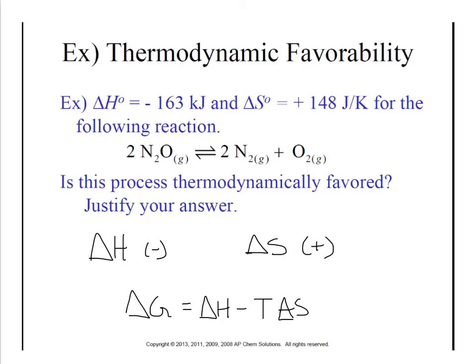So that means we have a negative value here and a positive value there. So we're going to have a negative minus a positive, and so that means our delta G has to be negative as well. And so then the answer to this question is yes, this is a thermodynamically favored process. We justified it by showing in this equation that no matter what the temperature is, we're always going to wind up with a negative delta G. Negative delta G always means a thermodynamically favored reaction.